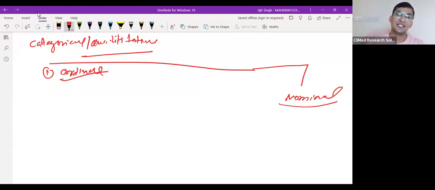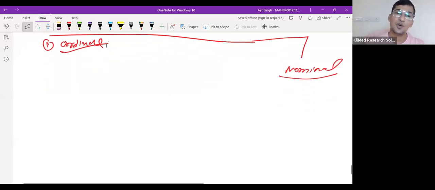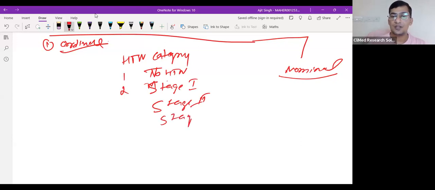See, everything is categorical here, either it is ordinal or nominal. Categorical means what? If I'm talking about hypertension categories, there is no hypertension, mild hypertension, or according to JNC, stage one, stage two, stage three.